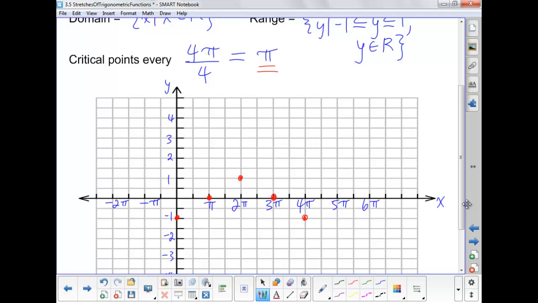What we may want to do is just continue on and show as much of the graph as possible. So that's what I'm going to do here. So there would be the graph of the cosine function we were asked to produce.